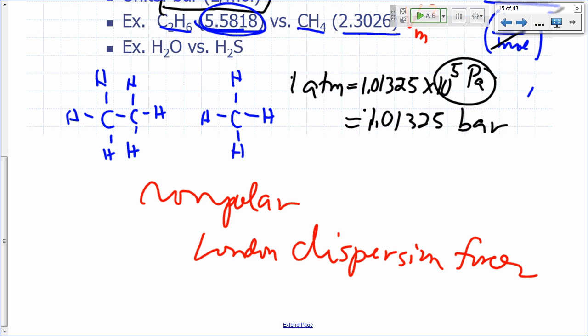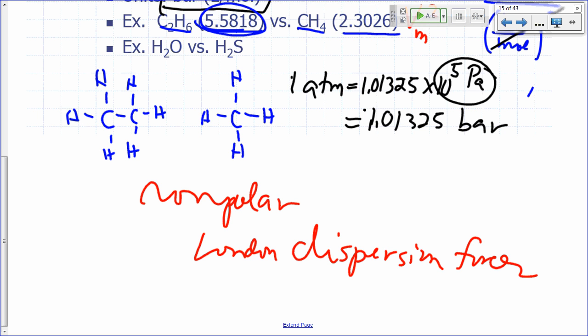Okay? So what did we say about London dispersion forces? The larger the molecule, the bigger the region where your electrons are roaming around, the more polarizable, right? Which means you're going to get stronger attractive forces.